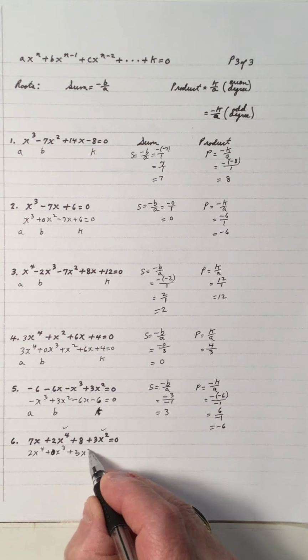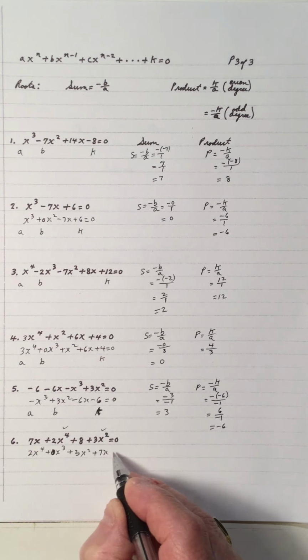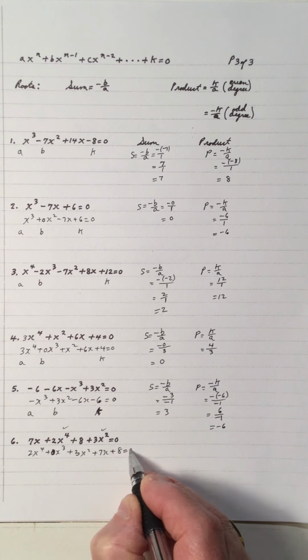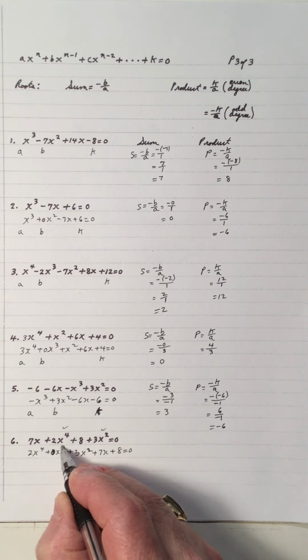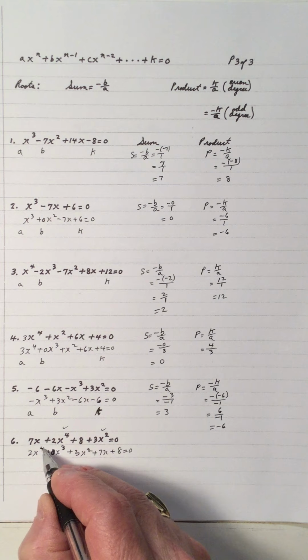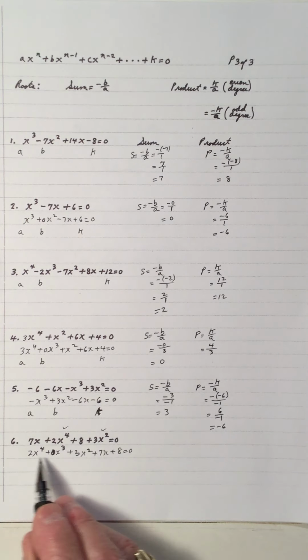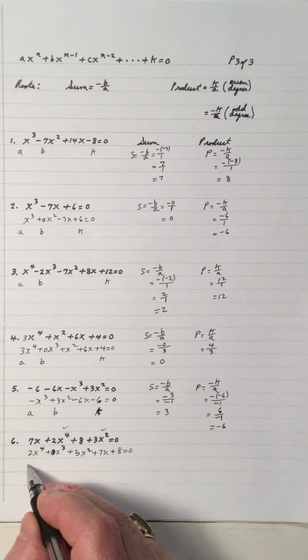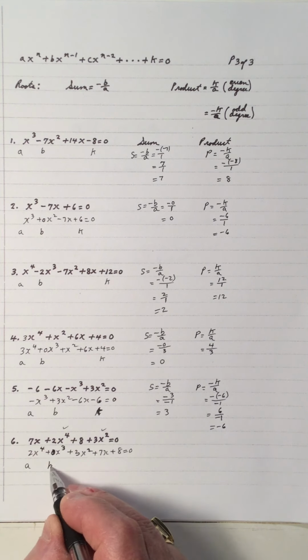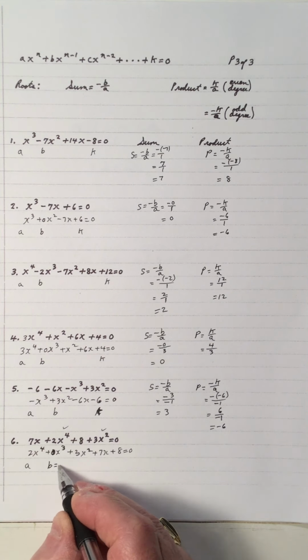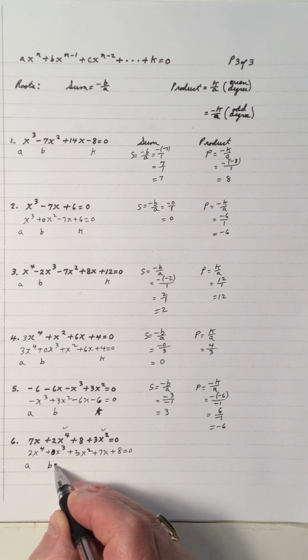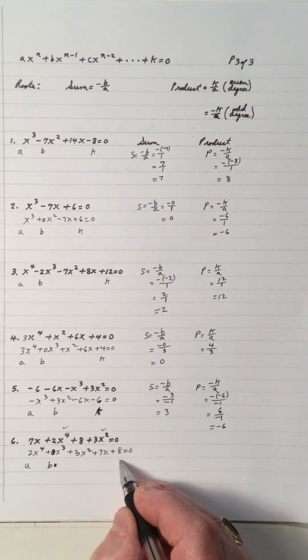So it's 3x squared, then it's x, then it's the constant. Just be careful. Don't be like me. Sometimes I make those, what you call brain errors. So in descending order, the x cubed is missing. So a is 2, b is 0, and k is 8.